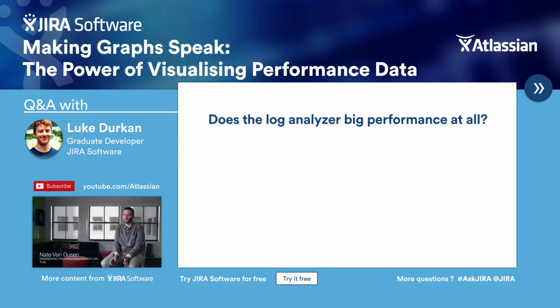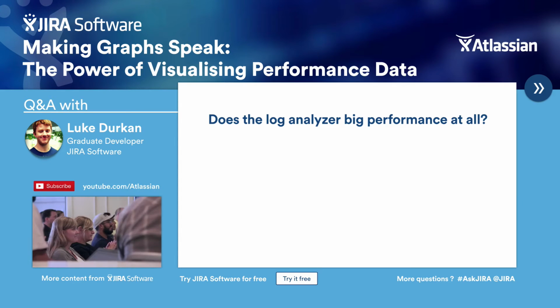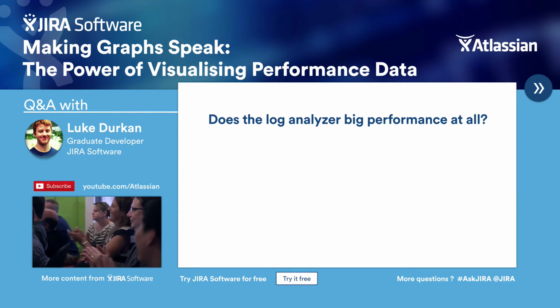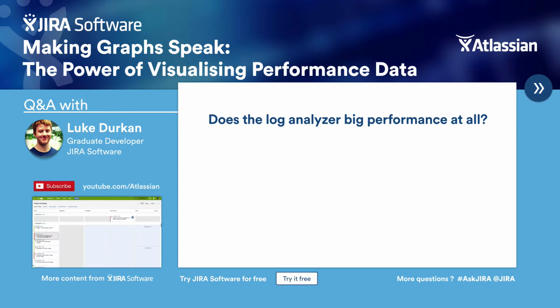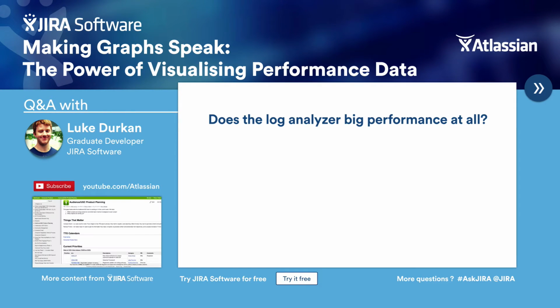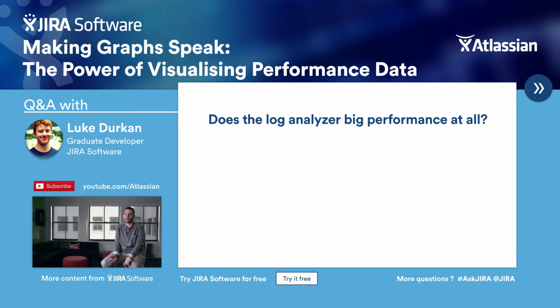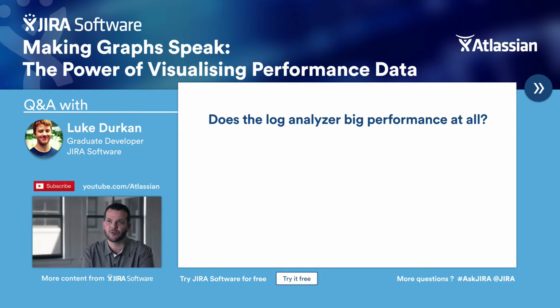Not as much activity, but definitely a large enterprise scale instance. This was designed for that. The only thing would be that it could take longer to generate the data, depending on the amount you put in. But other than that, it should work regardless of the size of the instance it's on.